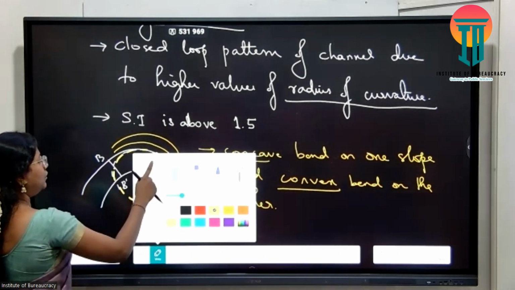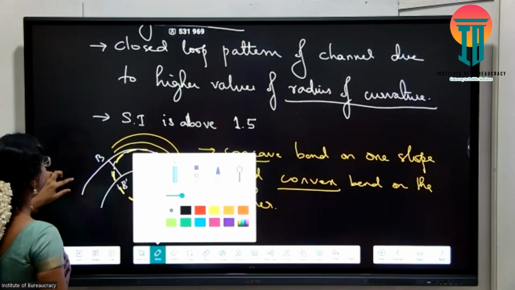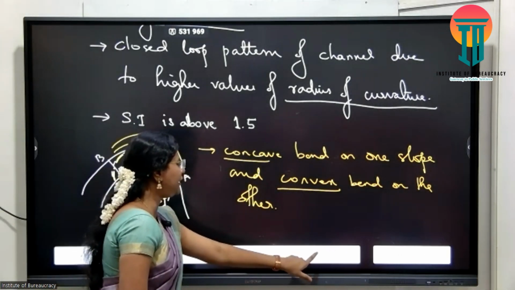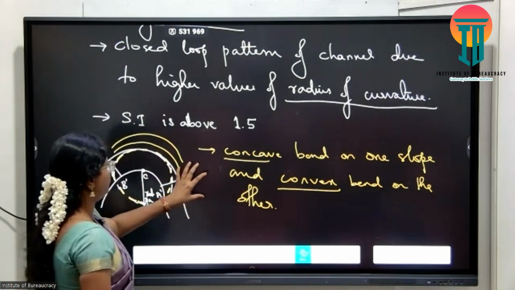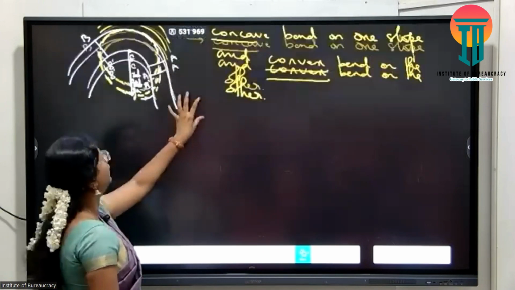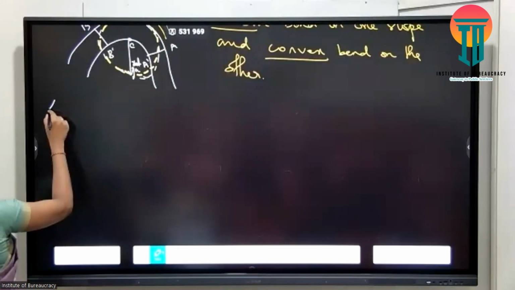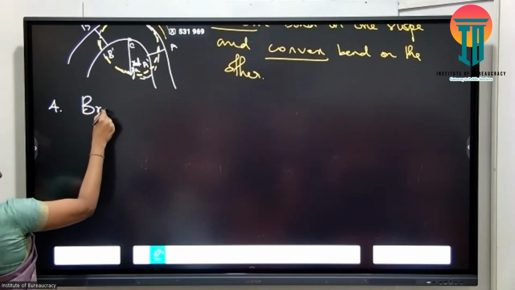Important, what is the other one? Third enappa? Meander ku adutha enna irundhathu? Braided channel. So fourth important is your braided channel.